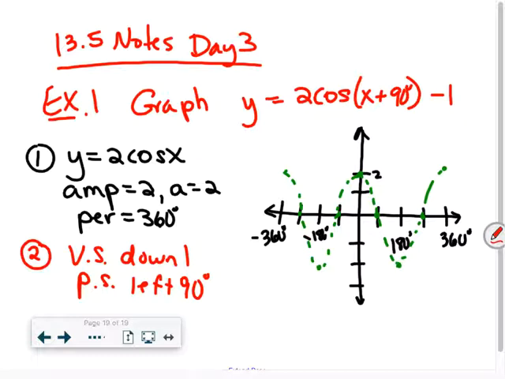You can start wherever you want. So here we go. I'm going to start at this point at the 360, and I'm going to go left 1 tick, down 1, left 1 tick, down 1, and so on.